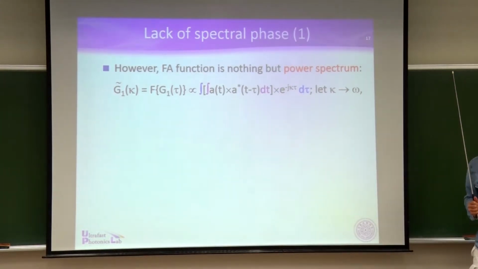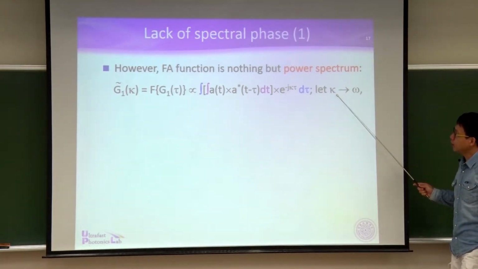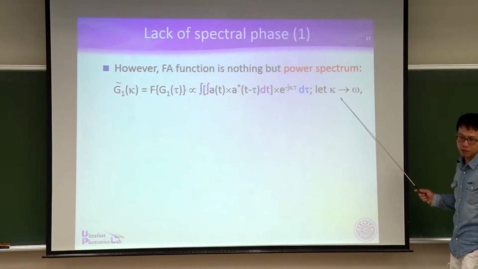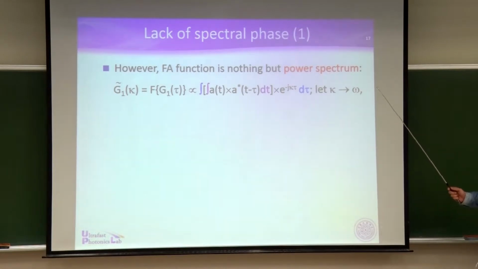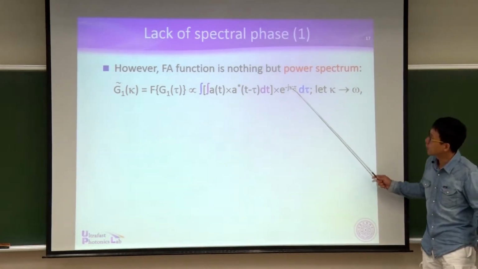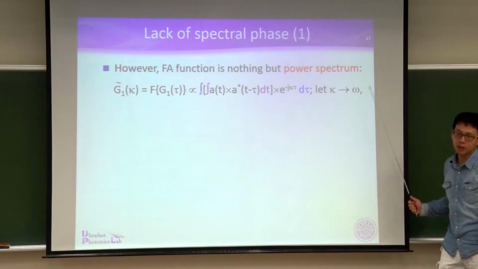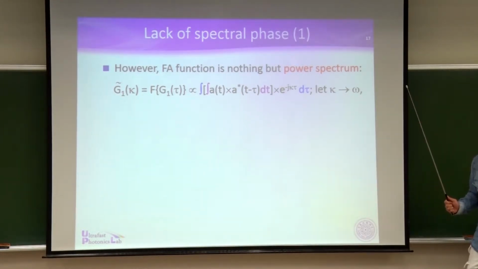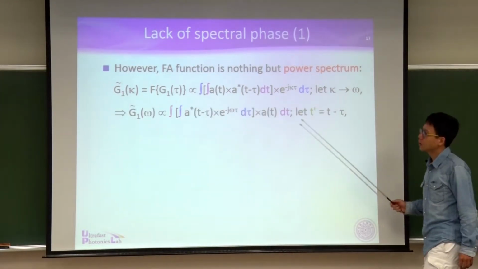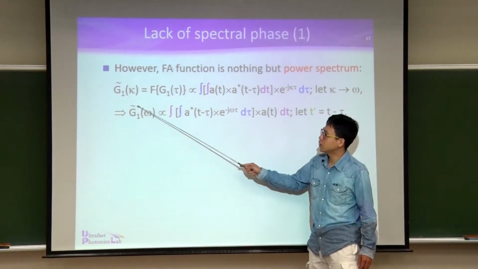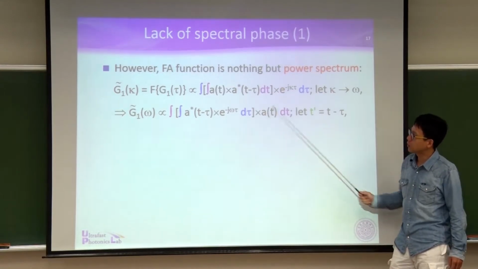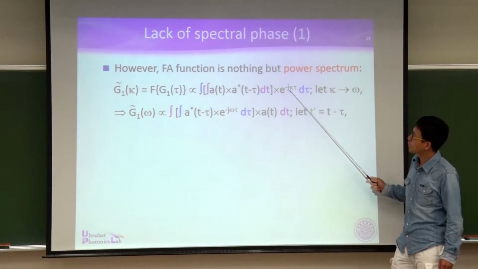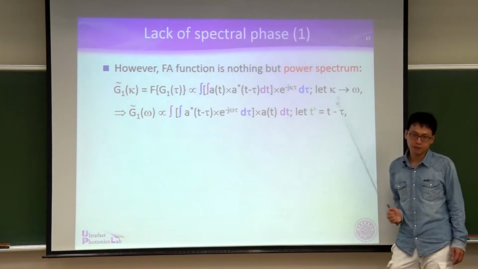Right? Now, we change the variable kappa to variable omega because we are more familiar with omega. 所以只是把符号有 kappa 的地方就是在这里换成 omega. That's it. So what do you have? Now, G1 tilde of omega is proportional to a still double integral, but replace kappa by omega.